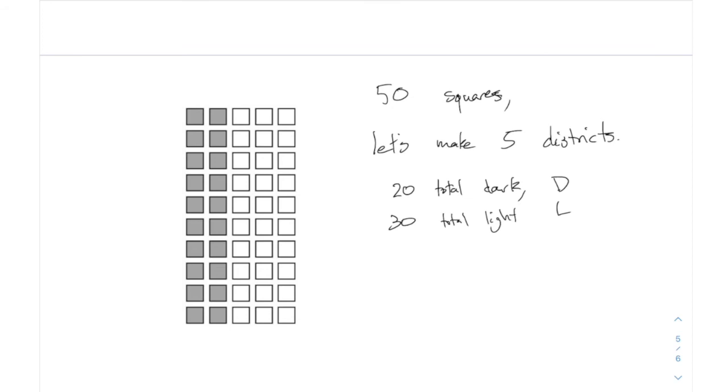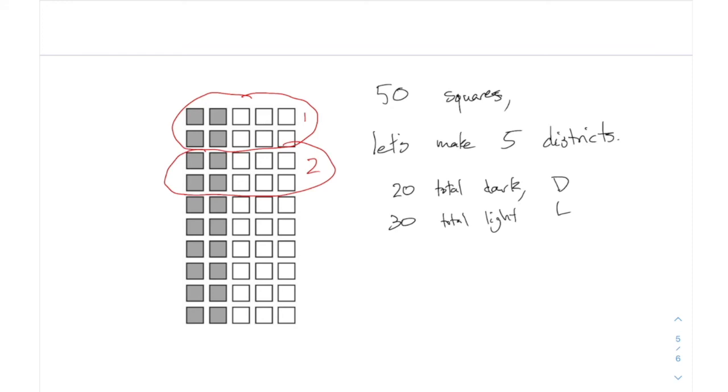So I'm going to divide it in a very specific way. See if you can copy down what I'm doing here. Let's take the top 10 like this. This is district number 1. I'm going to have you guys try and divide this up in different ways. That's why I gave you so many, but we can all do it the same way first. Let's take the next group of 10 here. That's district 2.